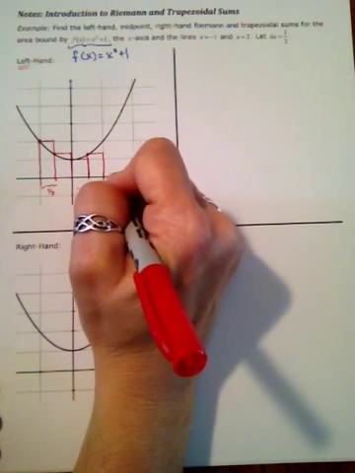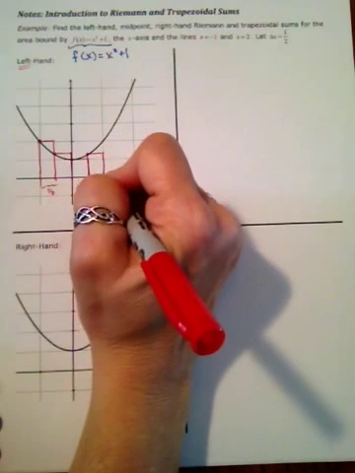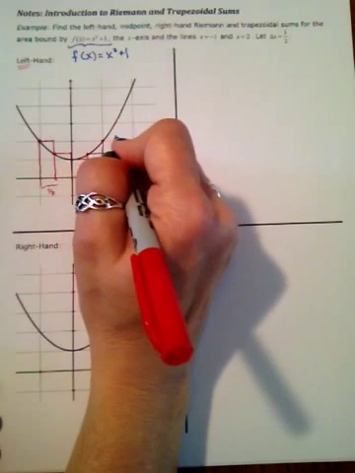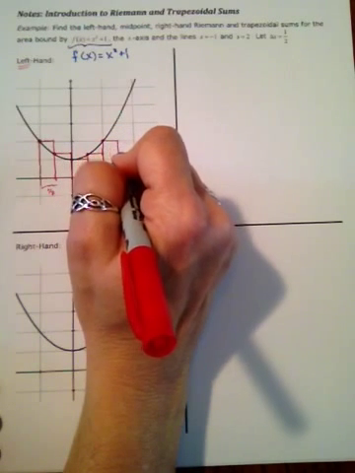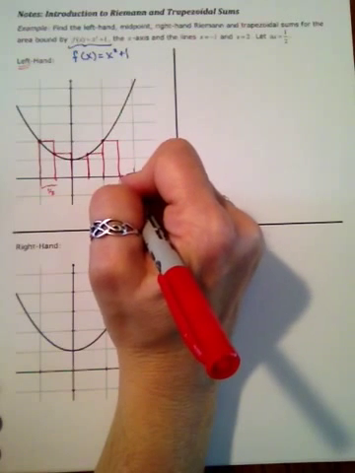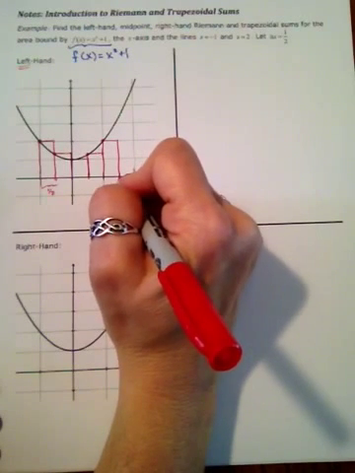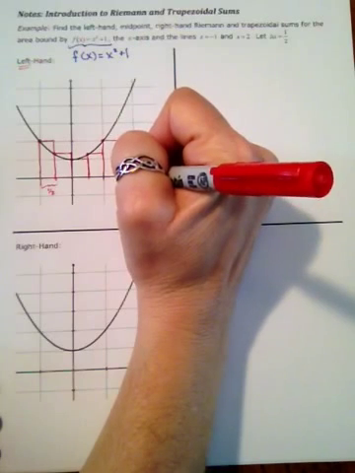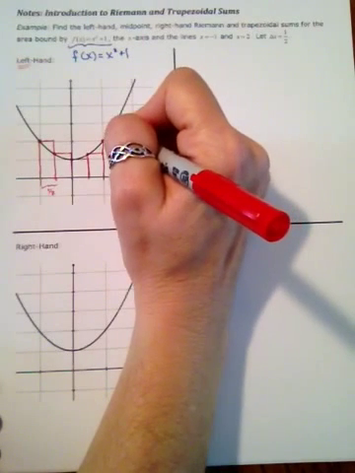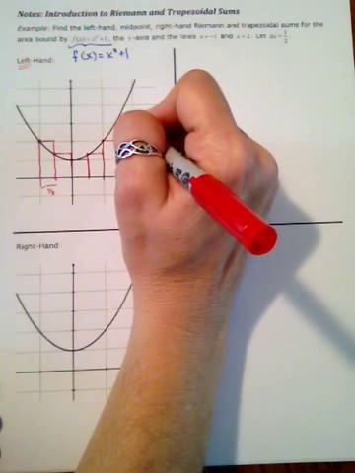The next rectangle is from 1 to 1.5. The left-hand side, x equals 1, determines the height, to the right and down. And then the last rectangle, the left-hand side, which is 1.5, determines the height. I'll go up until it touches, to the right and down.